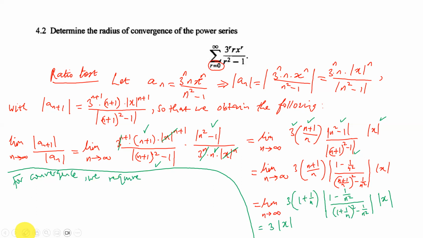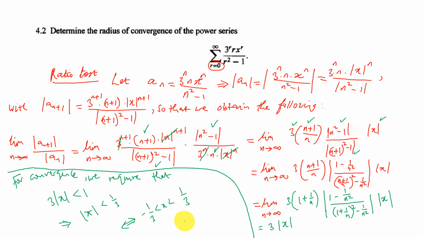The ratio test says that for convergence we require that 3 into the modulus of x is smaller than 1. Which means the modulus of x is smaller than 1 over 3. And this can be written as minus 1/3 is less than x less than 1/3.